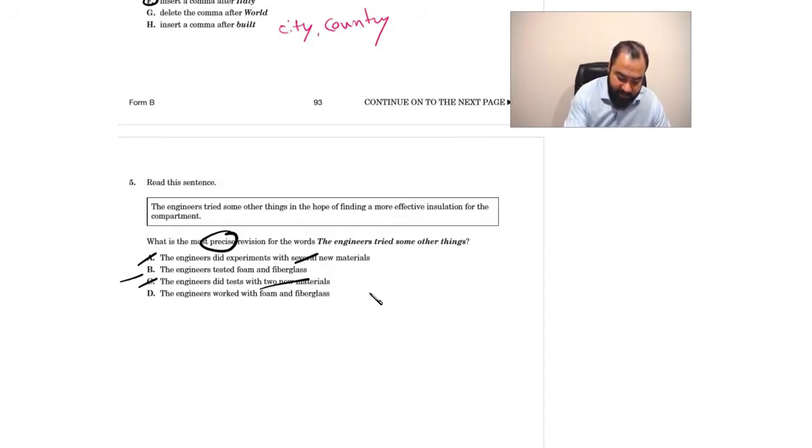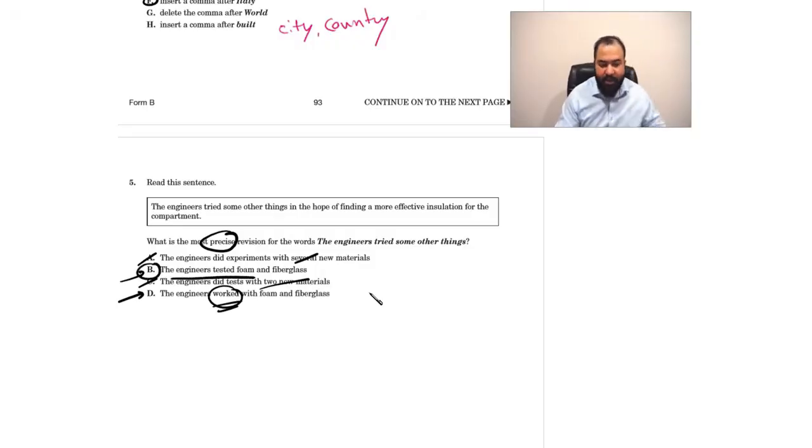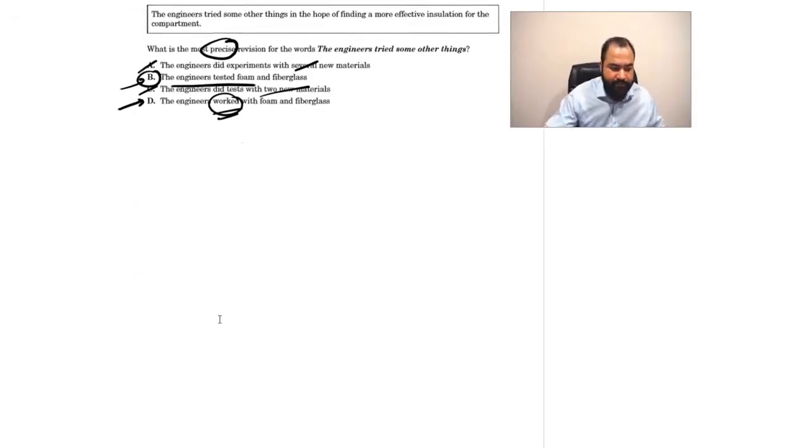So what is the difference between B and D? So what should be the answer? Now look at it. When they said the engineers worked, we don't know what kind of work. Did they test it, or did they put it to use, or what did they do? So that work is not specific. So here tested is more specific than worked. So we're going to go with B.